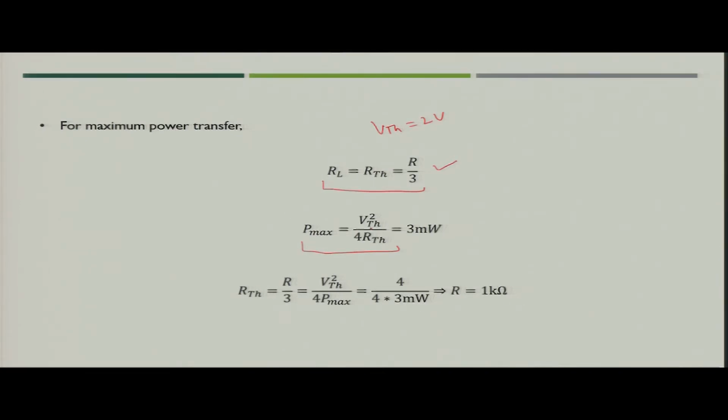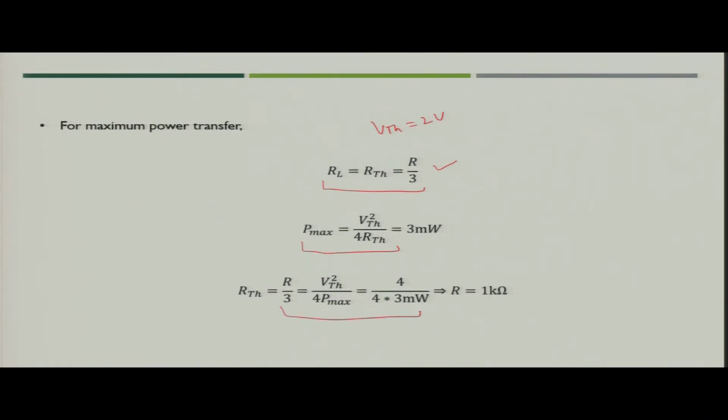So, what can we write from here? RTH is nothing but VTH square by 4 P max. So, you can replace RTH and P max, P max will come here. So, this will become VTH square by 4 P max, and you know the value of VTH, that is 2 volts. So, VTH square will become 4 divided by 4 into P max, which is 3 milliwatt, and the whole value is equal to R by 3, which we calculated when we found the value of RTH.